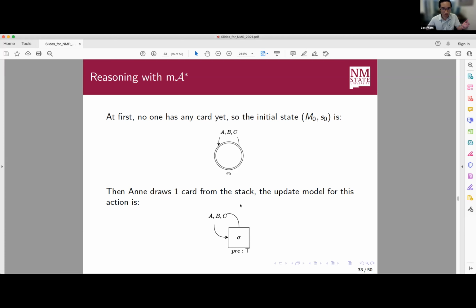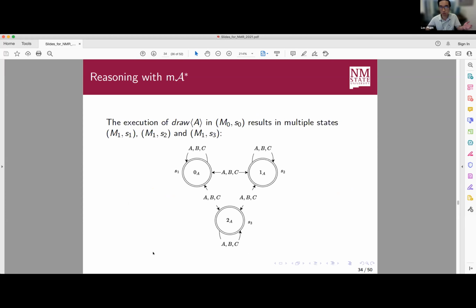And applying the cross product from this state to this update model, we get the next result with three possibilities, because as I said before, right now an update model can map an interpretation into a set of interpretations.